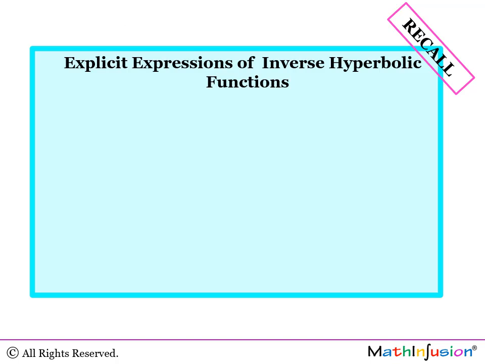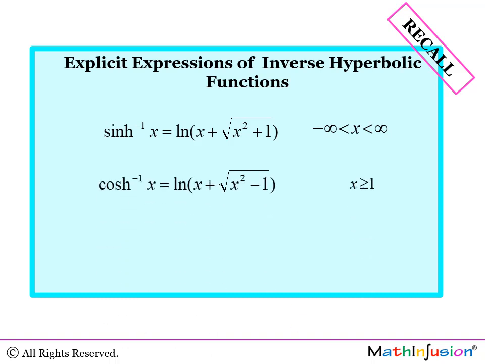Let's recall some explicit expressions of inverse hyperbolic functions. The inverse of the sine hyperbolic x is ln of x plus square root of x to the power of 2 plus 1. The inverse for the cosine hyperbolic x is ln of x plus square root of x to the power of 2 minus 1, but x has to be greater than or equal to 1.